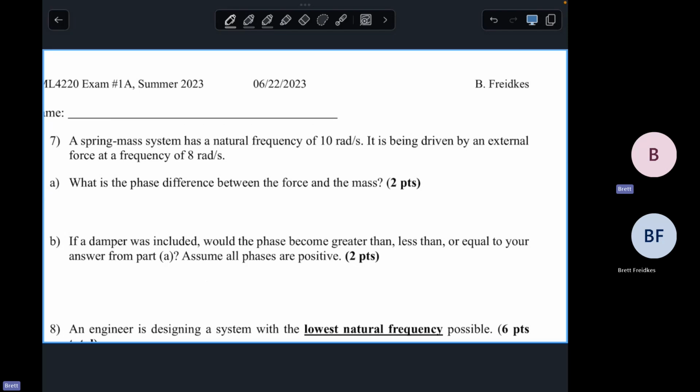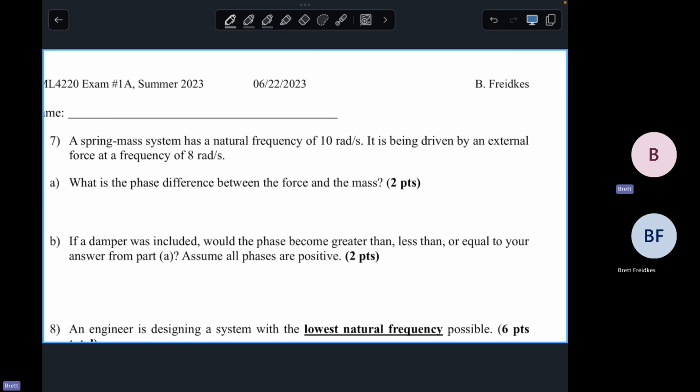A spring mass system has a natural frequency of 10 radians per second. It is being driven by an external force at a frequency of 8. What is the phase difference between the force and the mass? So go ahead. Why don't you take a second to think about this? I'll give you 2 minutes. Remember, it's spring mass. It's not spring mass damper. A damper would make this problem impossible to do without a calculator.